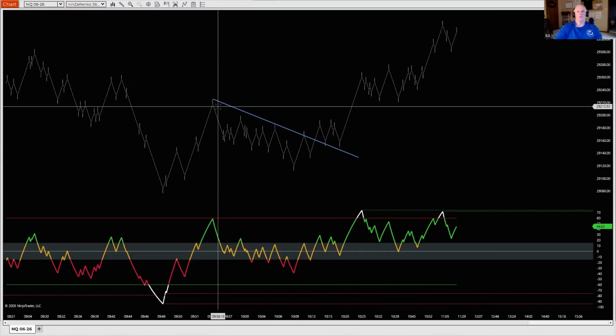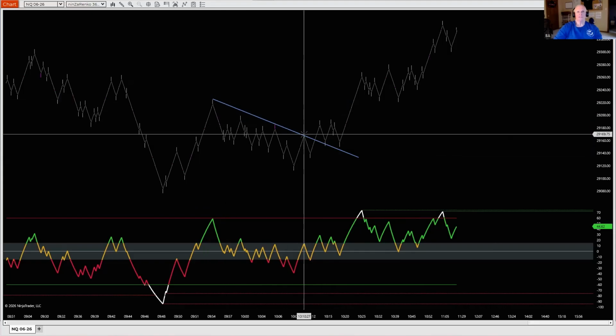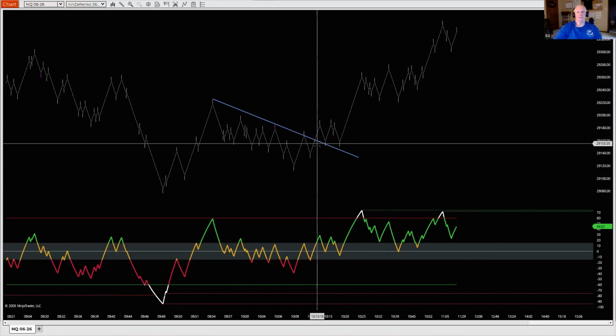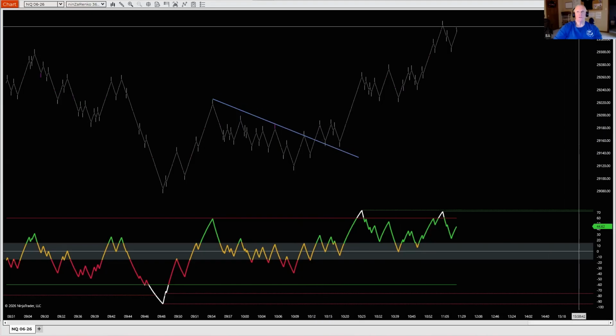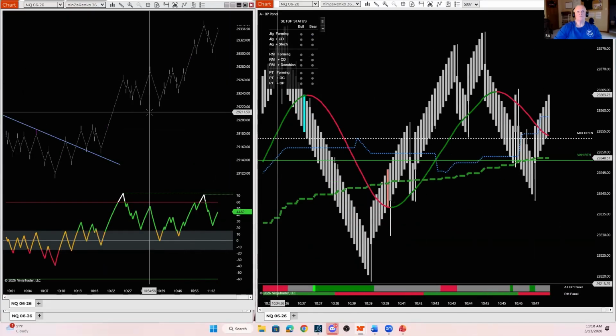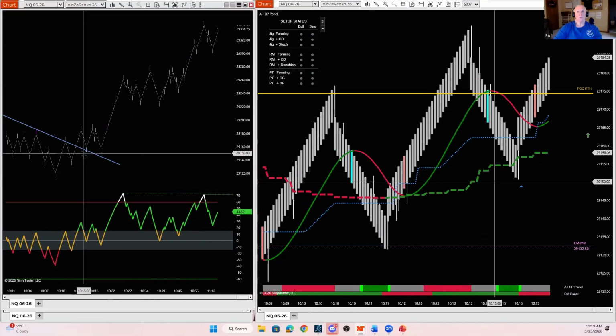So anyway, we had a break. It tried to break there, but failed again. Got back above the trend line. So this is first setup area here. And let's just take a look at that. The trade that I waved off on right there.